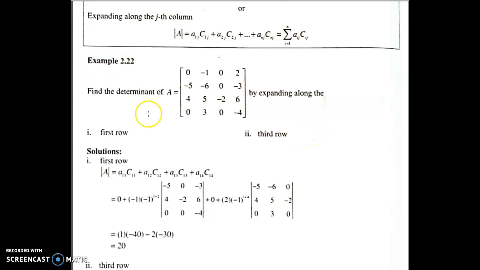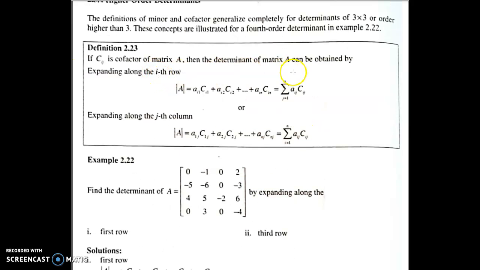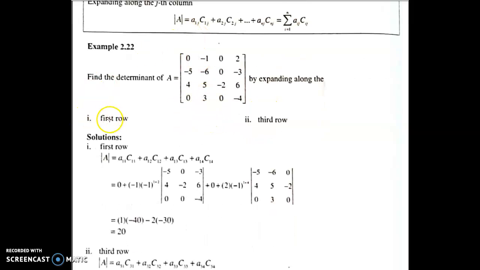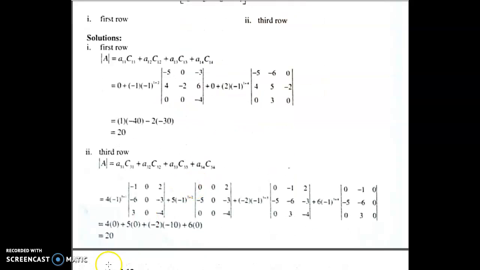As you can see here, they say that to determine the determinant of matrix A for any higher order matrix, you just need to choose one column or one row. For this question, they chose the first row and got 20, and they also chose the third row and got the same answer, 20.